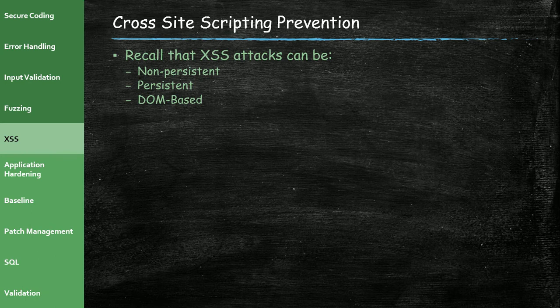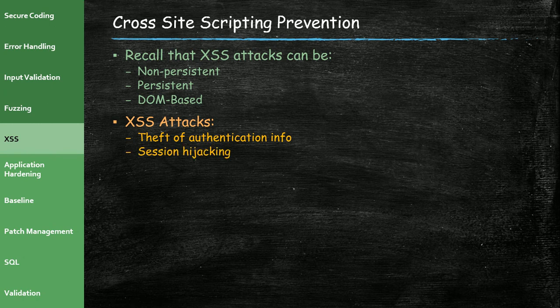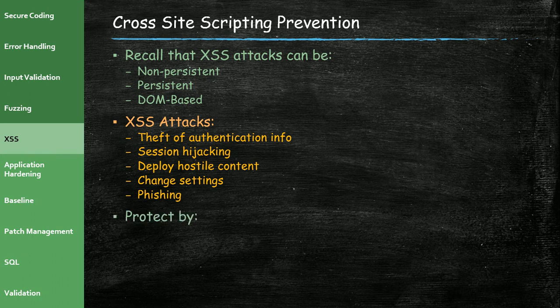A lot of these things that you use every day are using the DOM to do a lot of the fancy dynamic manipulation of the client side in the web browser using things like Ajax. So cross-site scripting attacks might be using this to steal authentication information, hijack sessions, deploy hostile content through websites, change settings. They might be used for phishing attacks and so forth.